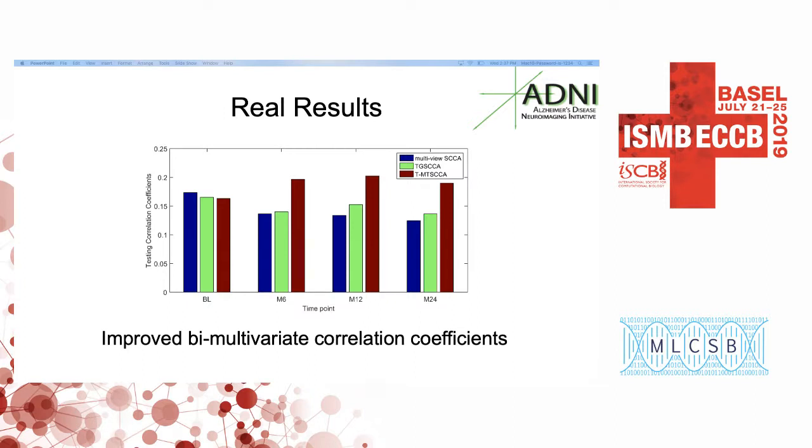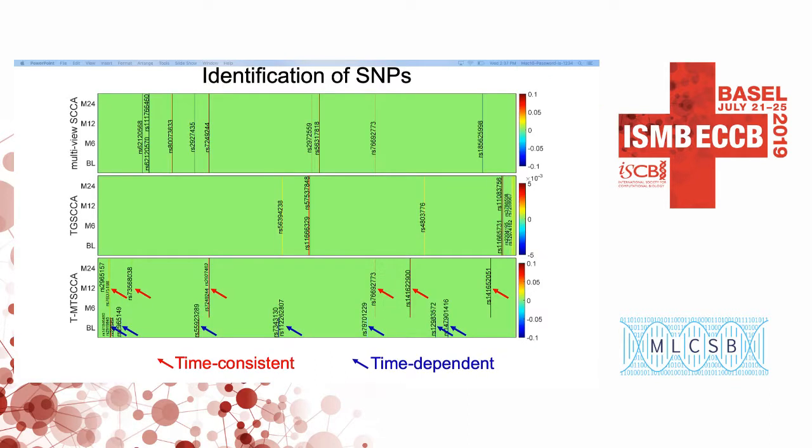This figure shows the results from the real data. The testing results show that our method outperforms both benchmarks in terms of the correlation coefficients. This means our method has improved multivariate correlation coefficients. And this figure shows the identified SNPs.